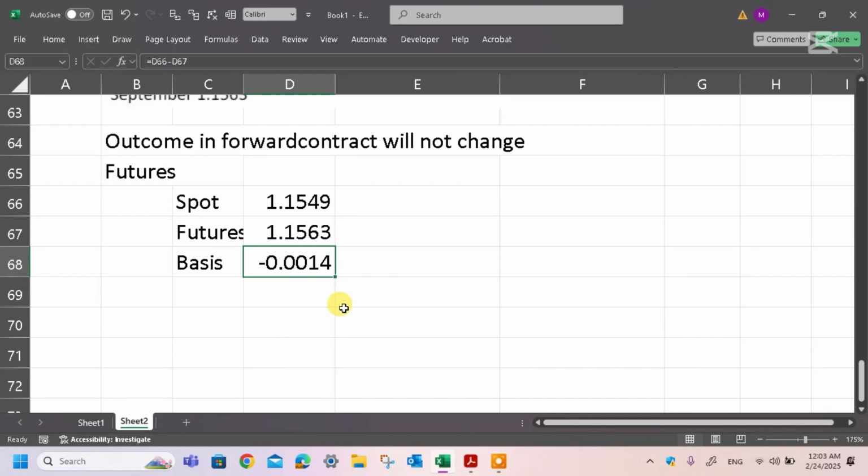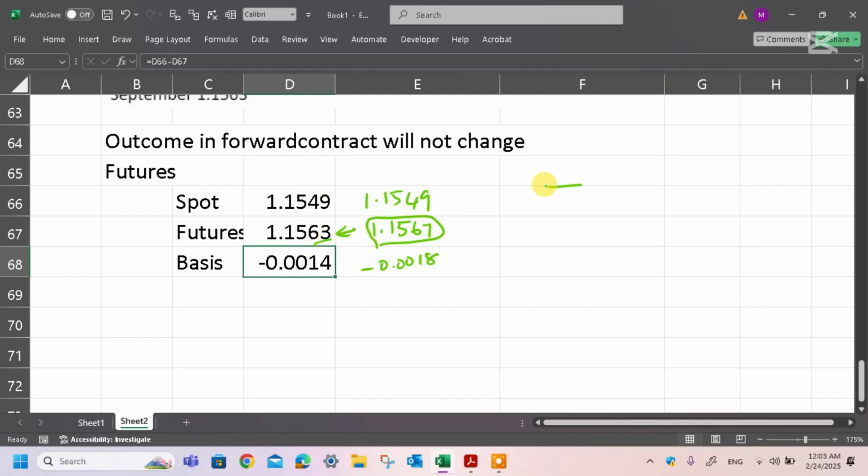The futures price should have been, imagine 1.1549 is the spot rate. If you wanted 18 here, the answer should have been 49 plus 18, which is 67. This should have been the futures price if my assumption is right. But the futures price is 63.